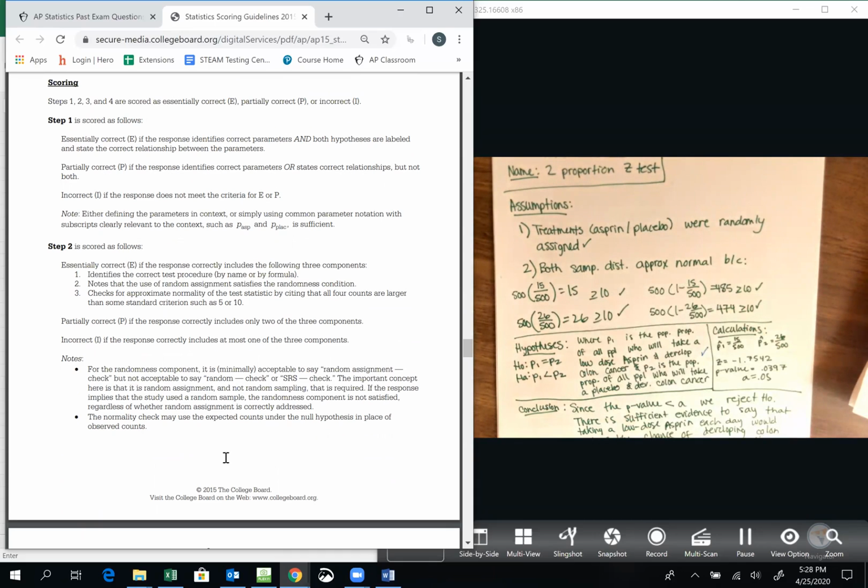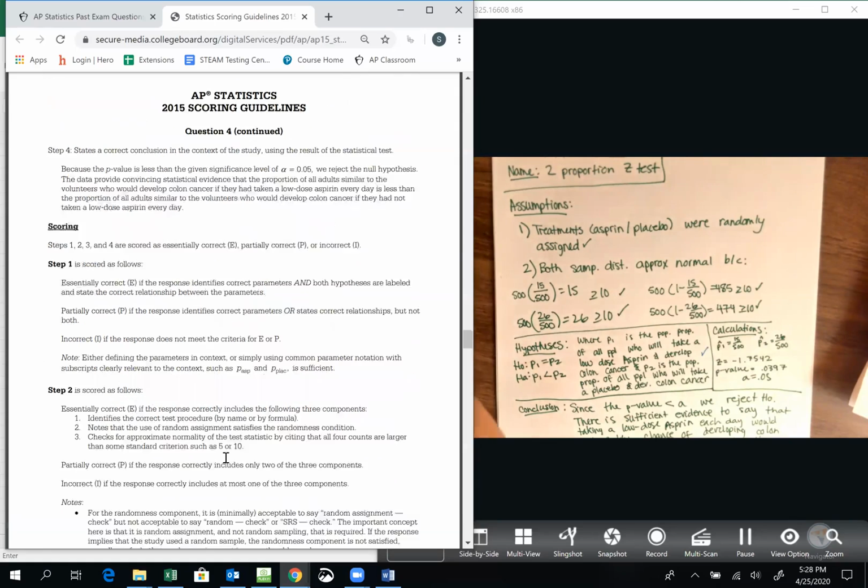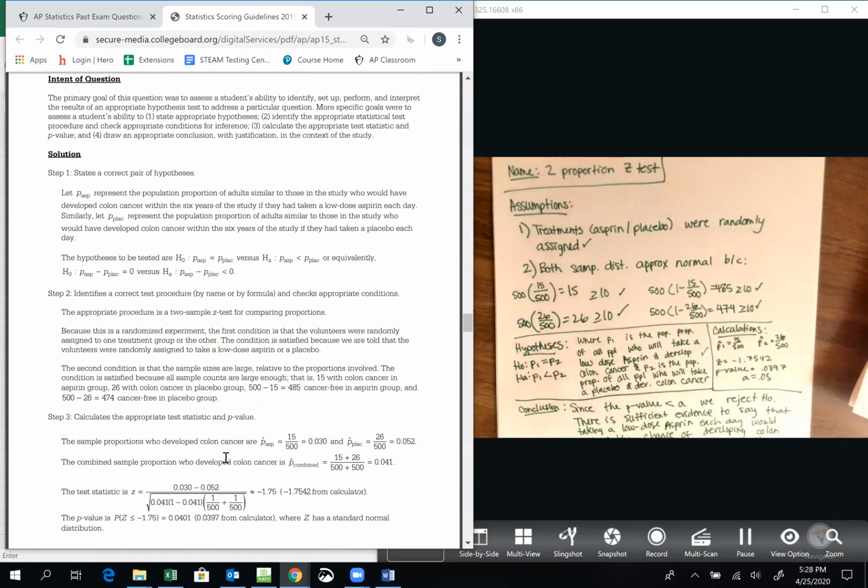Remember the one from earlier, the way they worded it was a lot better, where P1 is the population of all people who will take a low-dose aspirin. Let me see what they did up here. I want to see if they worded it better.